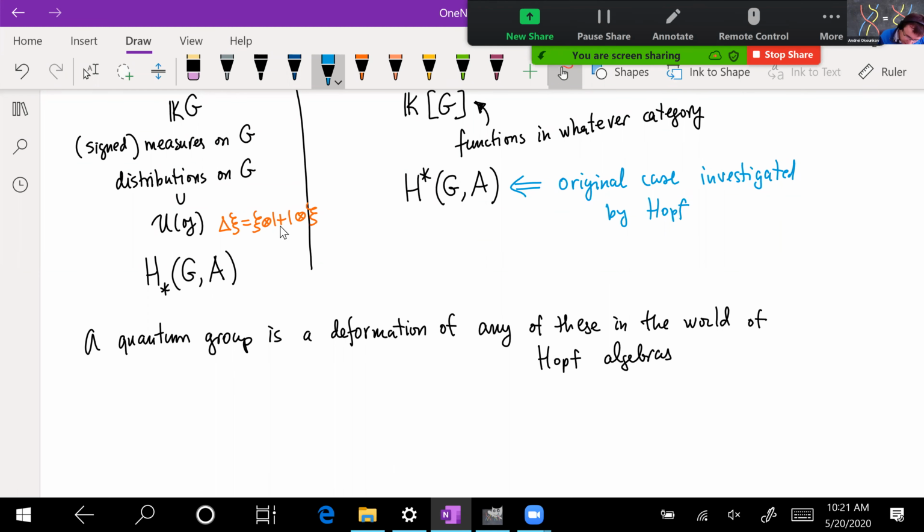The co-multiplication here is commutative. So if you have a group, everything comes from the co-multiplication for the group itself: delta applied to g gives g tensor g, which is symmetric. There are some sign rules in homology, but ignoring that, these are co-commutative.